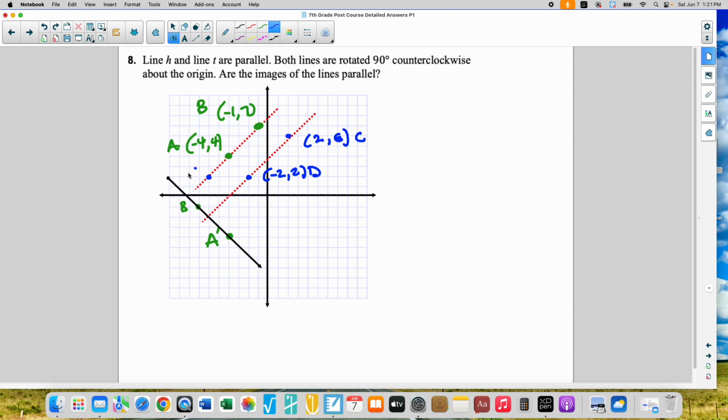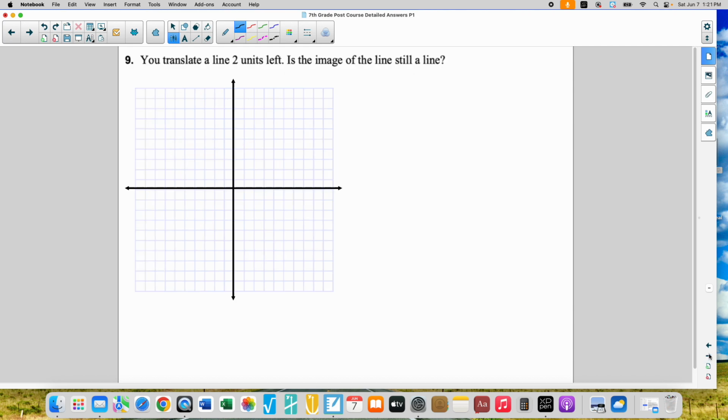Oh, that's going to be C prime, and D is going to be -2, -2, which is here, right? -2, -2. Yep, that's good. That's D prime. And if we connect that line, notice they are still parallel. So we just proved it. Are the lines still parallel? Yes, they are. Awesome. Took a little time, but this is good practice.